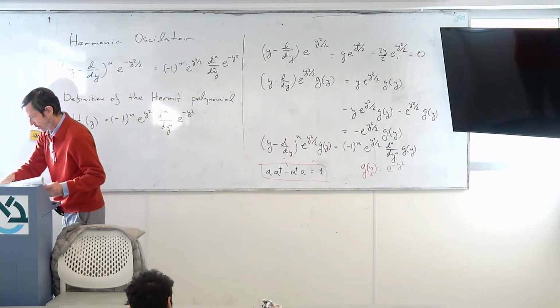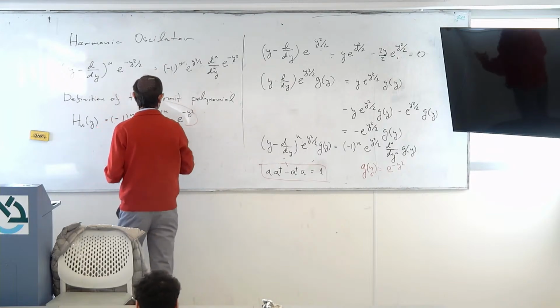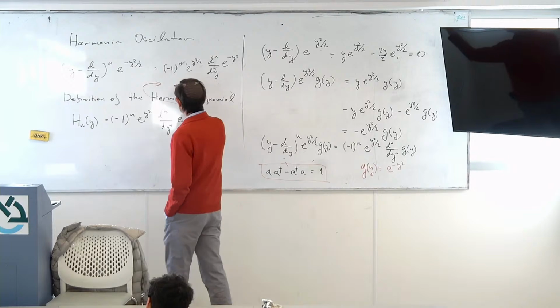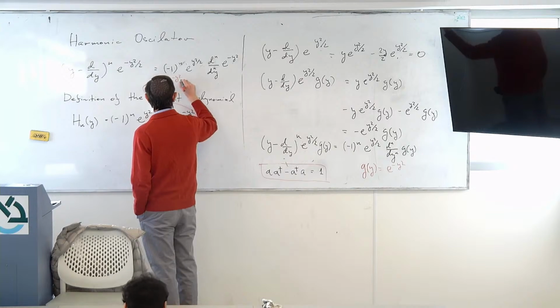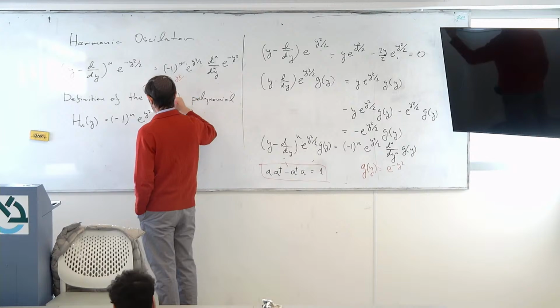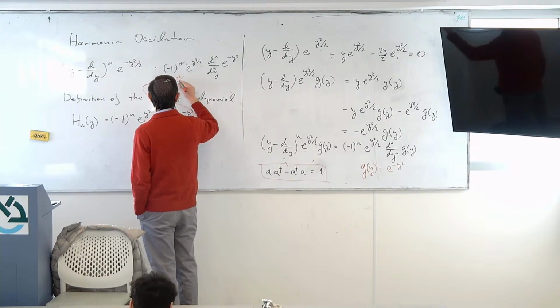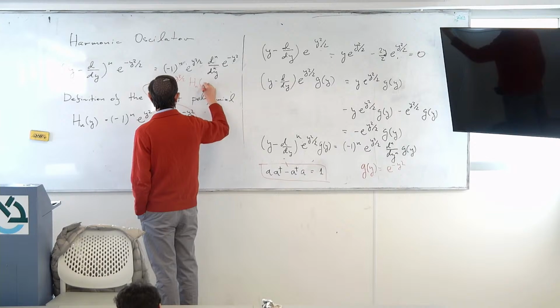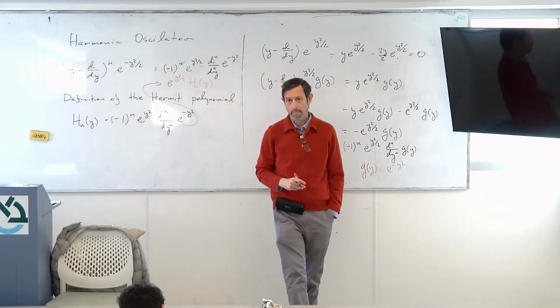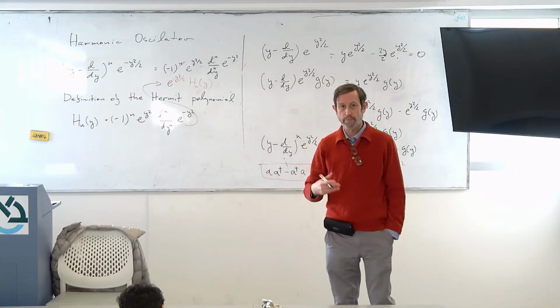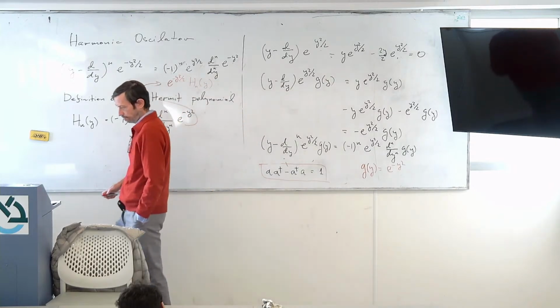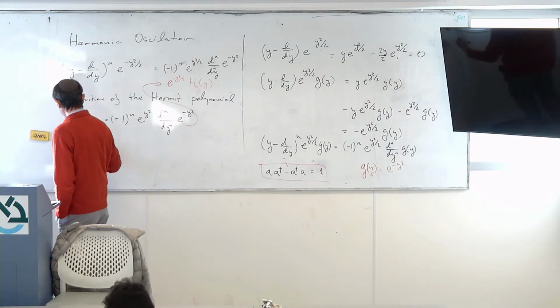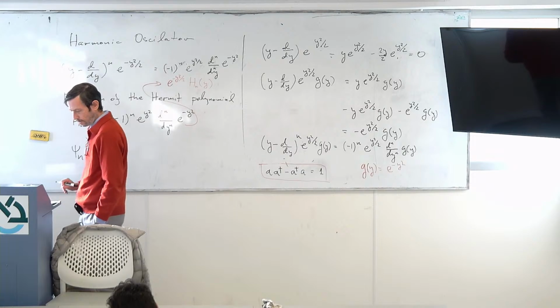So, this is the Hermite polynomial times e to the power minus y squared over 2, or explicitly psi n, returning to the original definition of x.